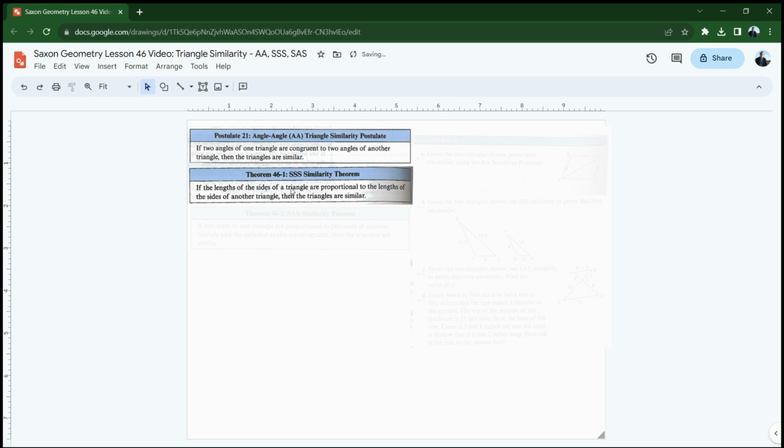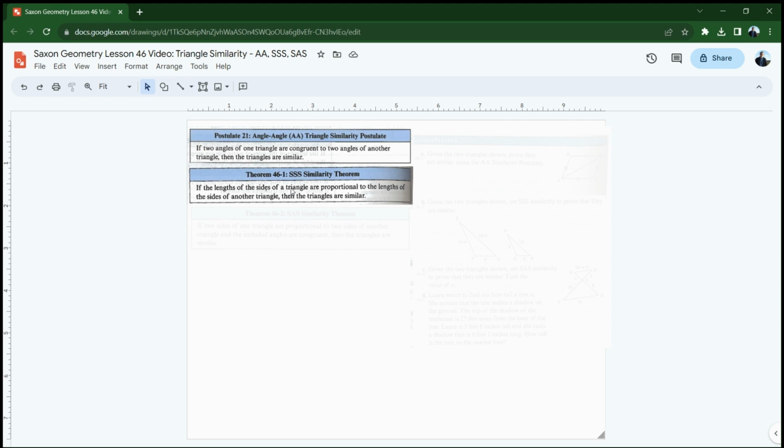Now we come to a theorem, the side-side-side theorem. This one can be proven. If the lengths of the sides of a triangle are not congruent but proportional to the lengths of the sides of another triangle, then the triangles are similar. Now you may remember there is a side-side-side congruence theorem as well. If three sides of a triangle are congruent, the triangles are congruent.